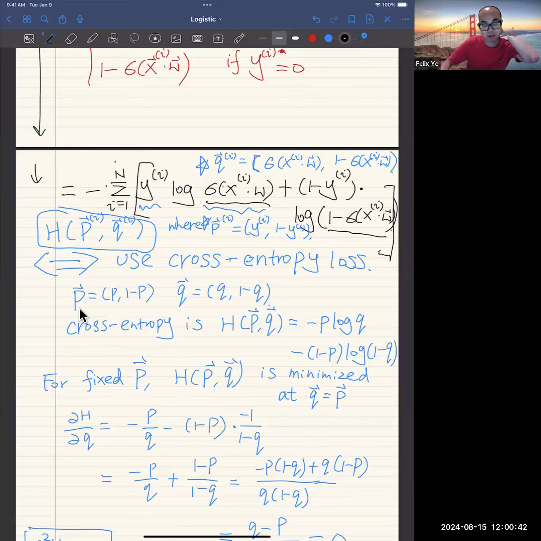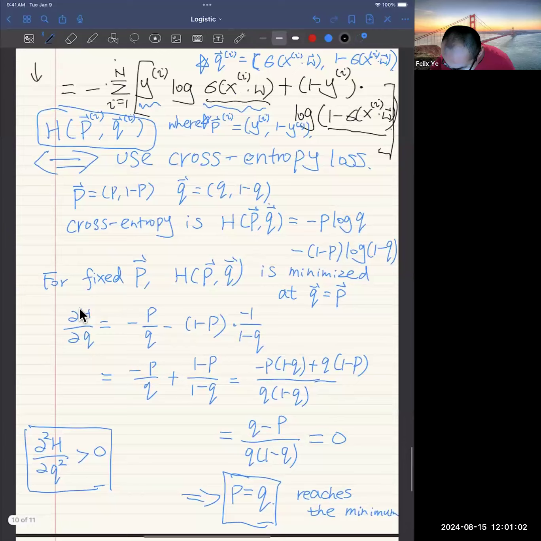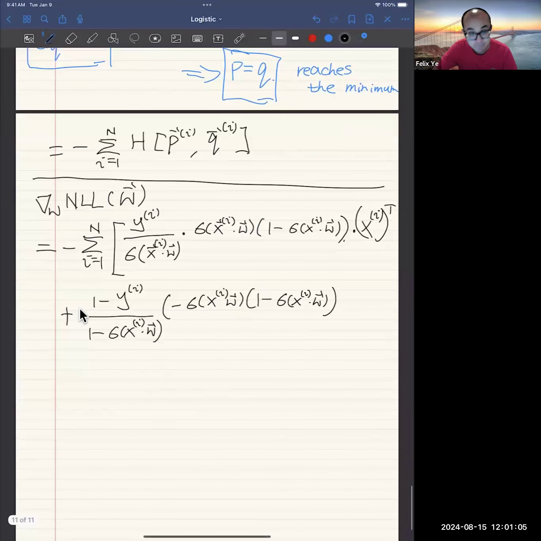So this will be minus sigma of xi w times 1 minus sigma, right. I believe that's correct. Then I'm going to multiply the same thing, xi transpose.